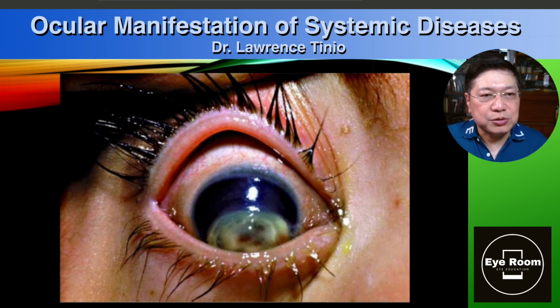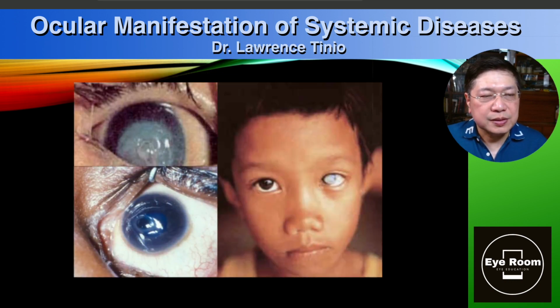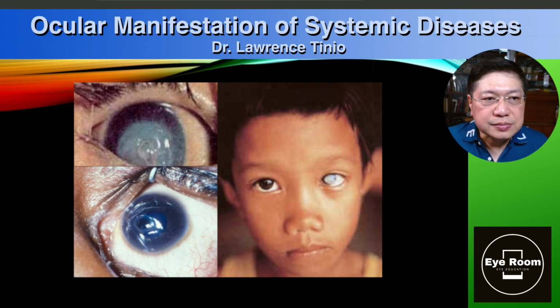And this is how it usually looks. So you can see the ulcer in the lower nasal area. If you are fast enough, you may still be able to recover the cornea, but if some of them are really extensive, you will not be able to recover them, like in this boy.